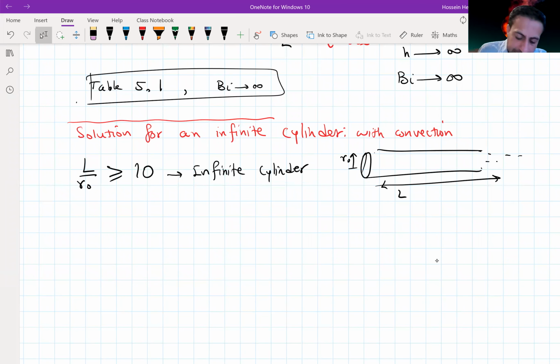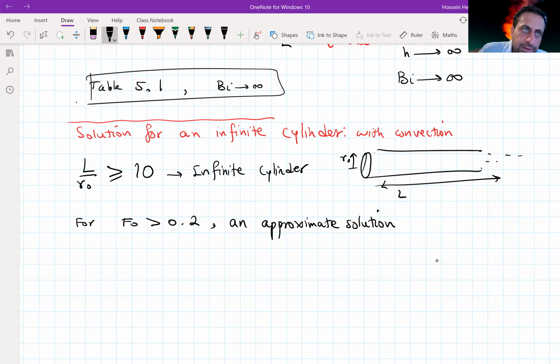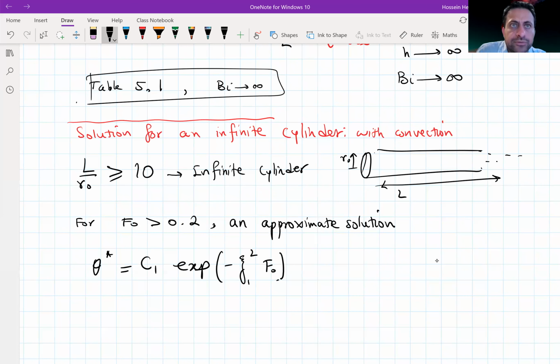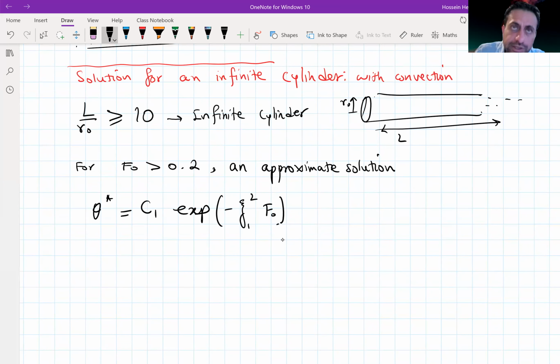So if we develop that one for Fourier number greater than 0.2, we can have an approximate solution using the first term of the series that you find in the solution, where theta star is C1 exponential of minus xi1 squared Fourier, and for the space, instead of having the cosine that we had, we have the Bessel function of xi1 r star.